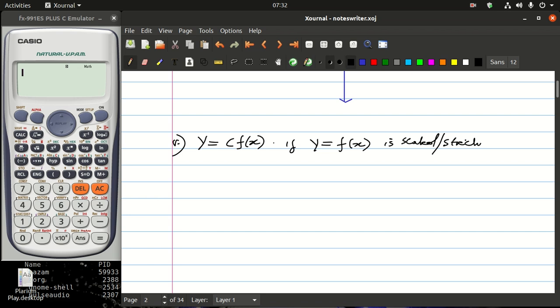The spelling is supposed to have a T. It is stretched vertically by a factor c. So this function here is scaled vertically by a factor c. So that we have this.